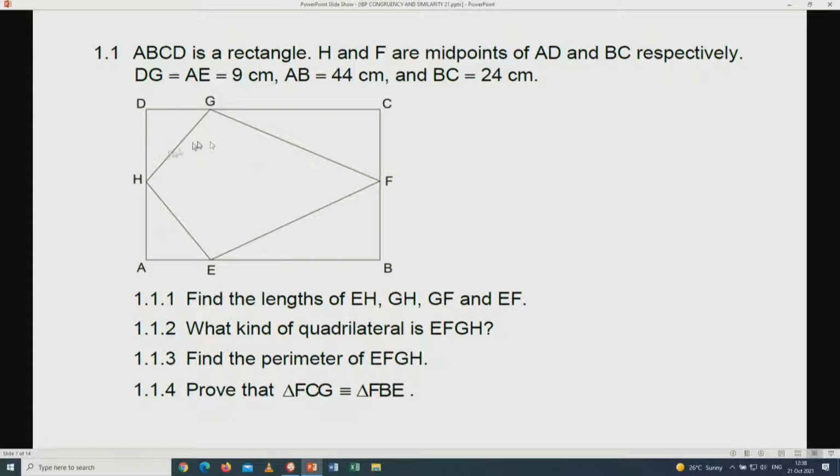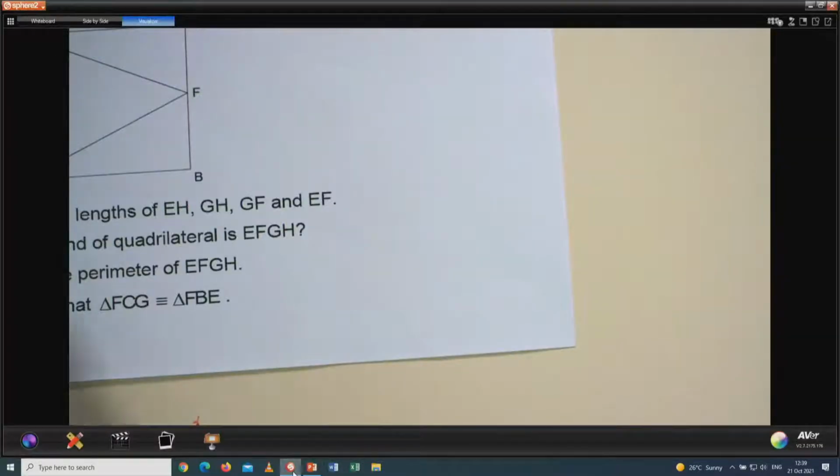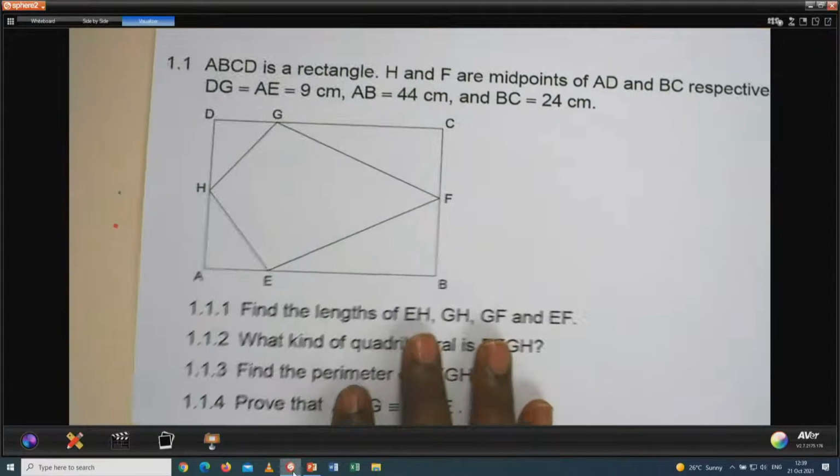That one is a four-sided figure, it's a quadrilateral. That one is also a four-sided figure, a quadrilateral. It looks like a rectangle, but we are not sure. You should not assume in mathematics. Yes, you are right, it looks like. But in maths, we prove. Never ever. In mathematics, we prove. Okay.